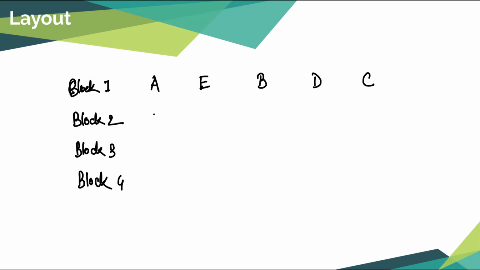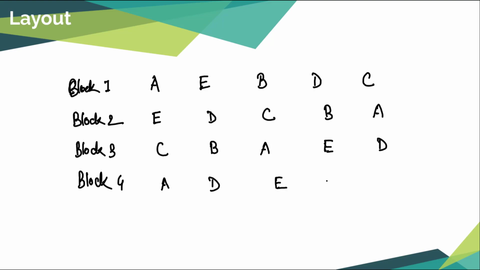In the second block or second group, the first member got treatment E, next got D, next got C, next got B and A. Similarly, C, B, A, E, D, and in the last group it is A, D, E, C and B.